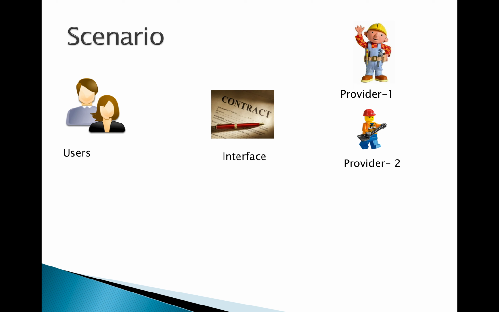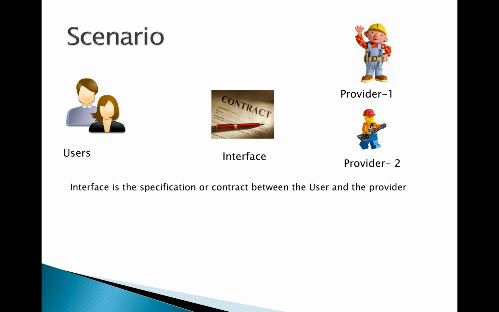So users are going to use the product, providers are going to build the product, and both are referring to the specifications. Users will verify whether the specifications are met in the product. Builders or the providers will verify whether they have built the product according to the specification.